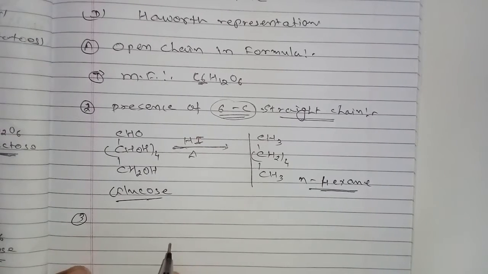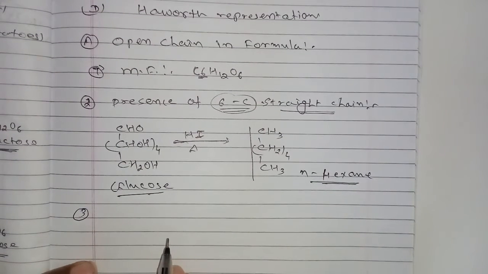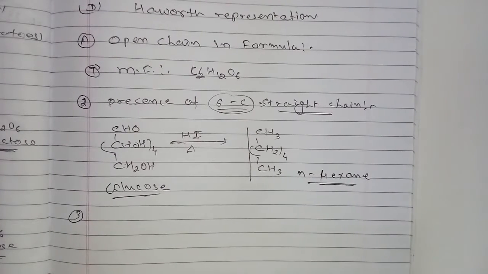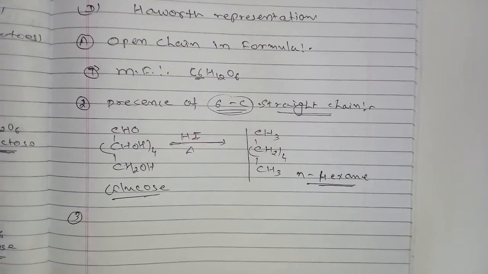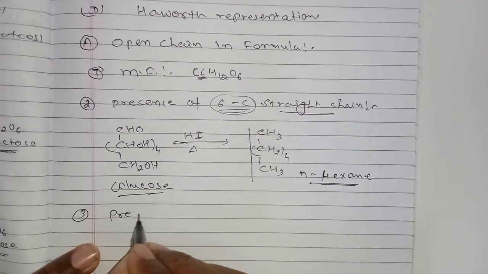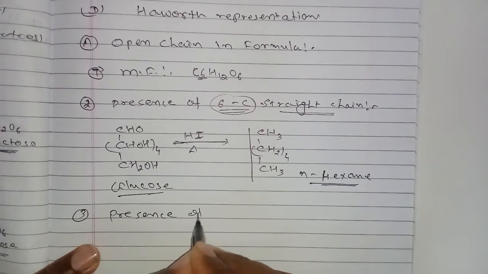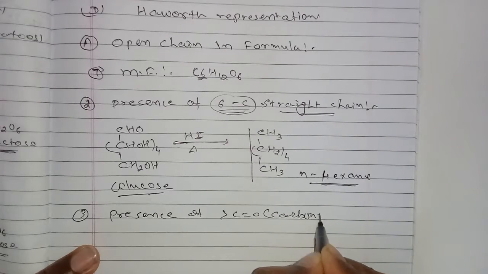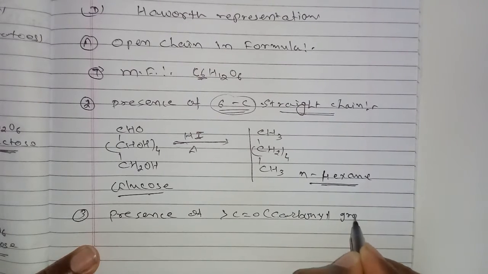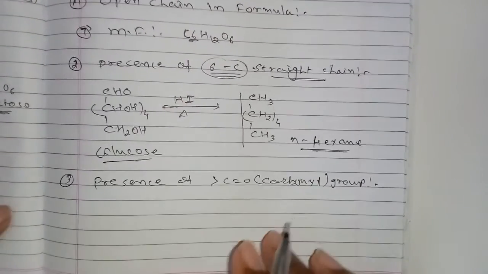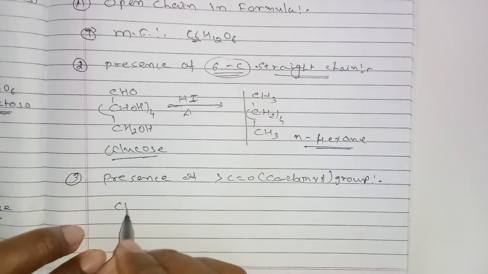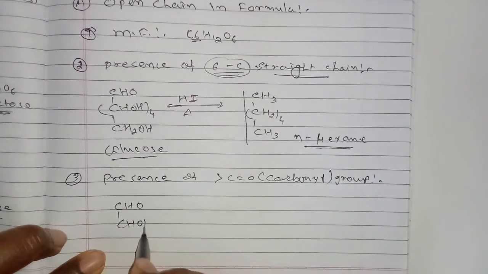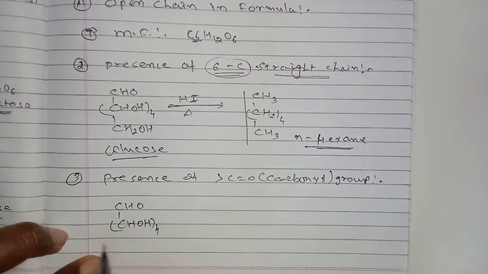Number 3, presence of a carbonyl group. CHO, CHOH four times, CH2OH.